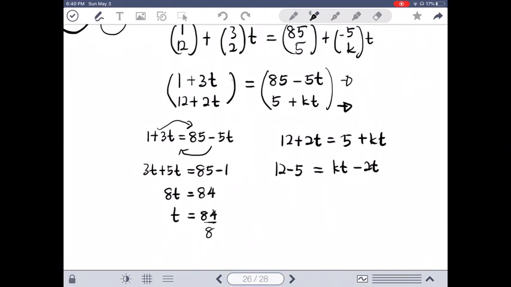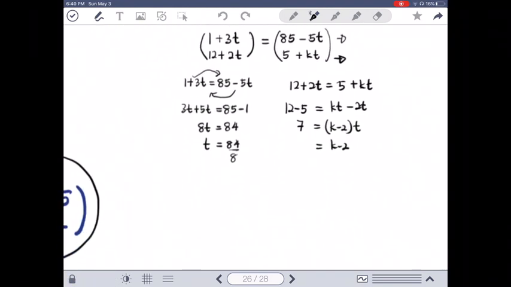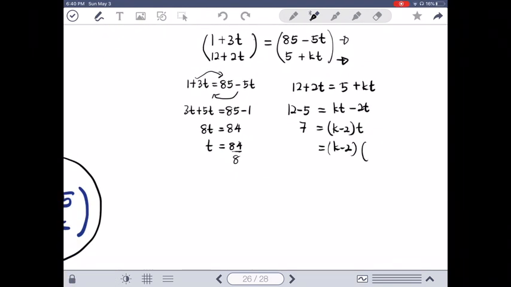Okay, 7 equals (k minus 2)t, or equals (k minus 2) times 84 over 8.